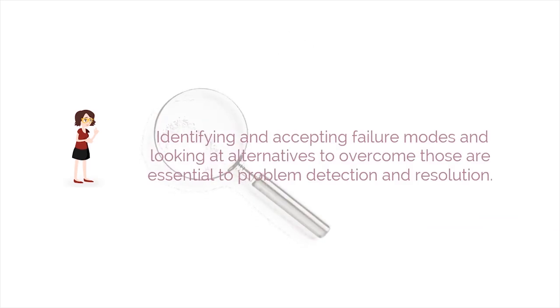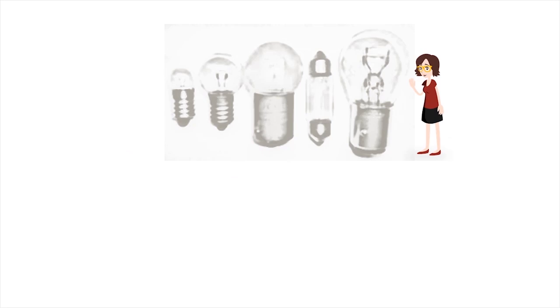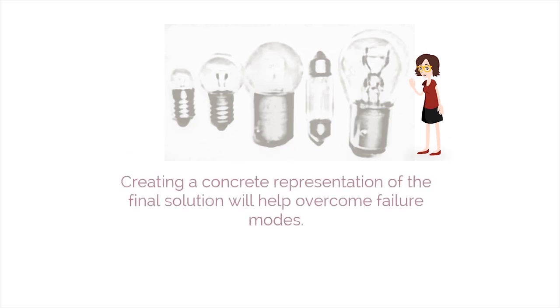Identifying and accepting failure modes and looking at alternatives to overcome those are essential to problem detection and resolution. Alistair Cockburn suggests establishing and encouraging the adoption of a standard way of working while still including scope for tolerance and forgiveness. He also says that creating a concrete representation of the final solution will help overcome failure modes.